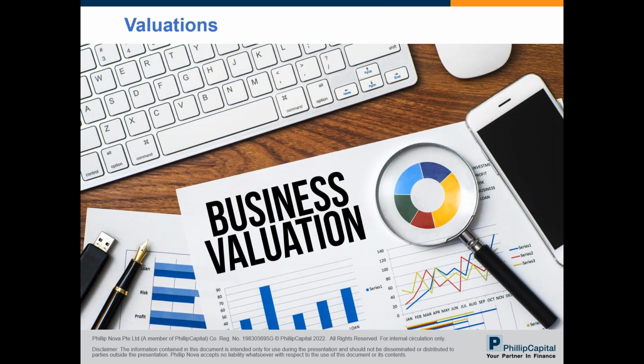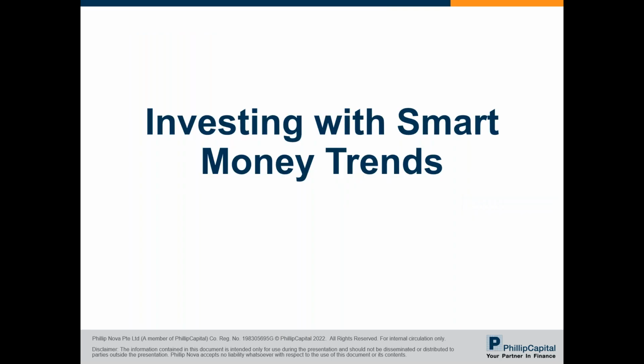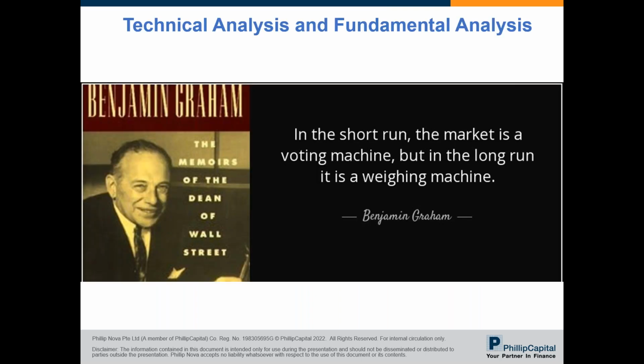From a company that is having high growth potential, or they could be just investing in a company because of its strong valuations. So now I'm just going to talk about what the smart money trends are, showing you with some examples.